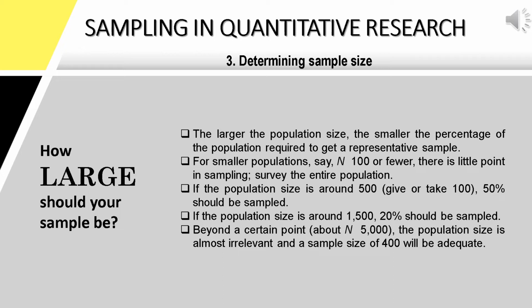Kahit 1% lang yung gusto, 1,000 pa rin yun. Pero depende. Kung small naman yung population, for example 100, mostly kinukuha na yung whole 100 as the sample. Kung ang population naman is 500, pwede na ang 50% lang yung kuning sample para maging 250.